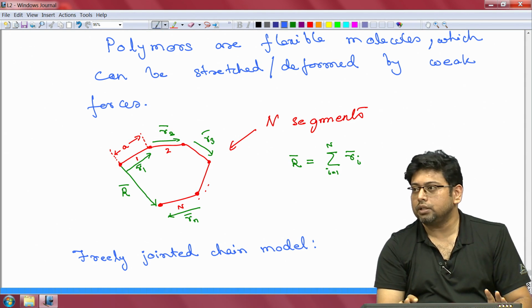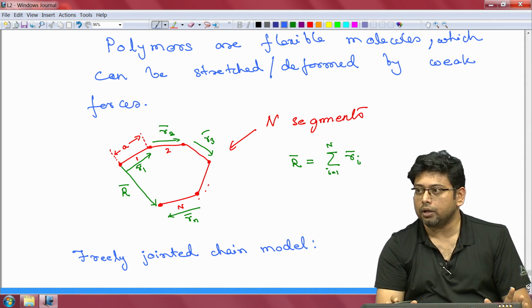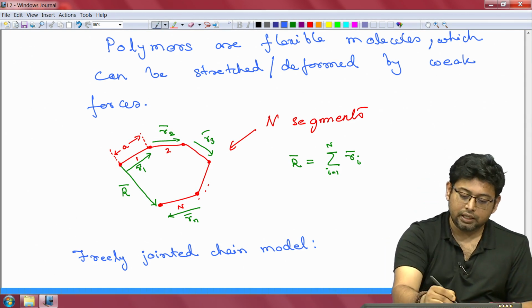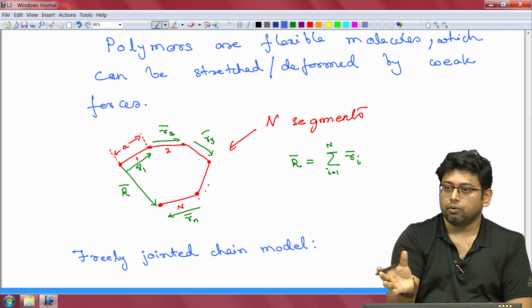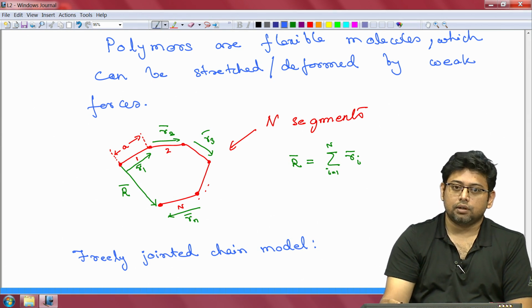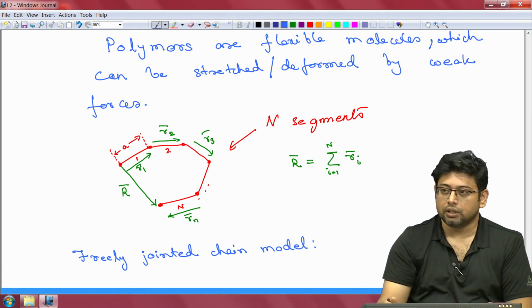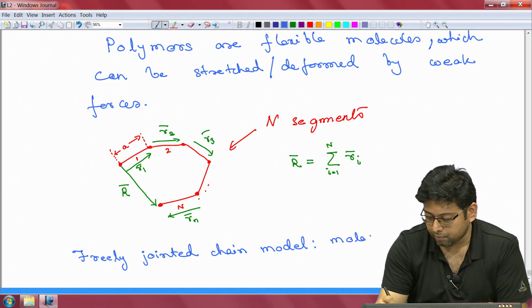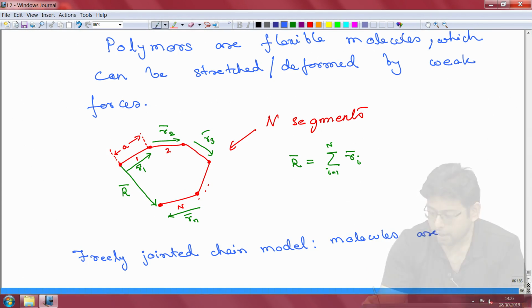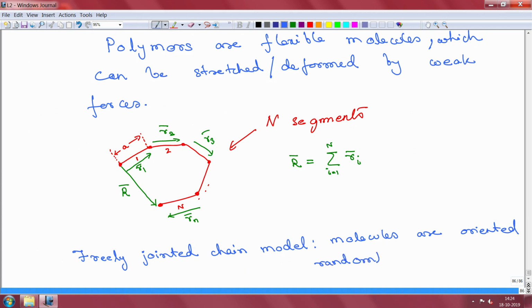Here, we will forget about that steric part, and we will assume that this theta angle around which these individual segments are oriented is a random number independent of each other. So, we will say that the segments are oriented randomly and independent of each other.